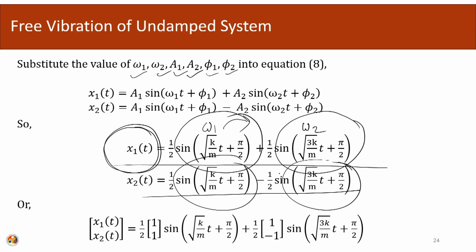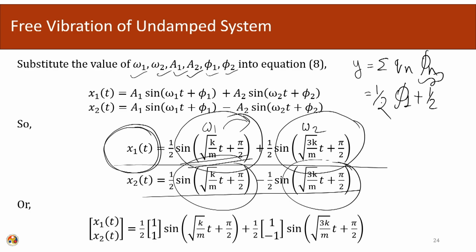Okay. So, if we look back and try to relate it to our analogy of the summation of Qn and phi n, the phi n part we approximated using a sine function. So, this entire thing becomes half, phi 1, plus half, phi 2.